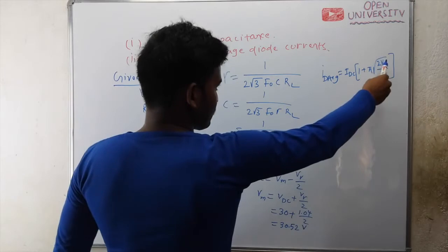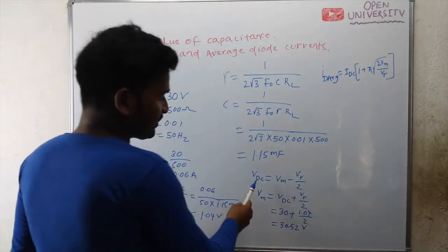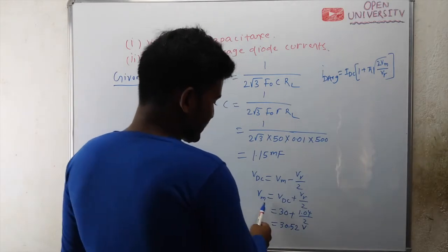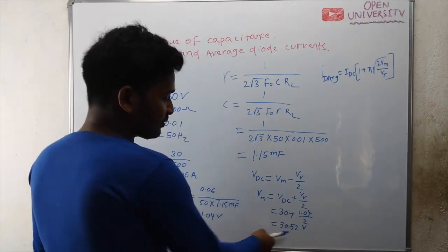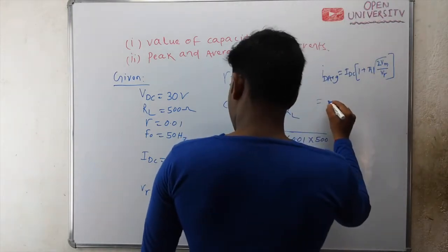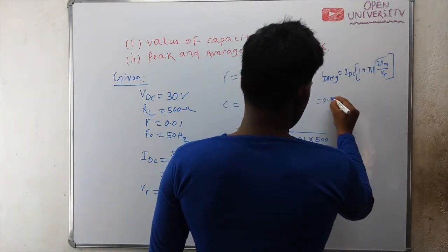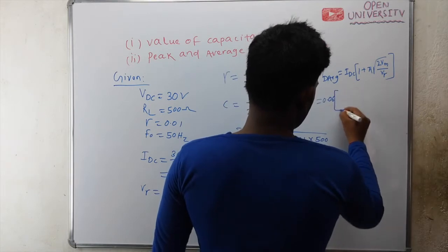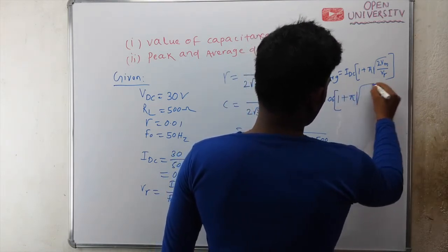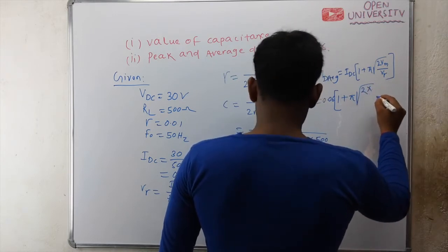To get Vm I use VDC equal to Vm minus VR by 2, so Vm will be VDC plus VR by 2, that is 30.52 volt. Then substitute here IDC equal to 0.06 into 1 plus pi into under root of 2 Vm. What is Vm?